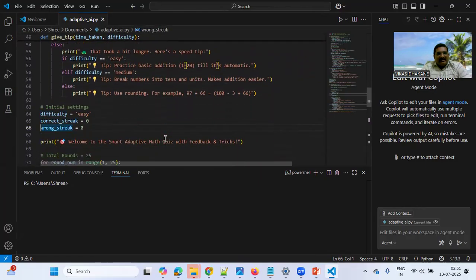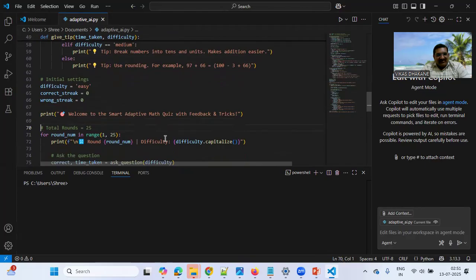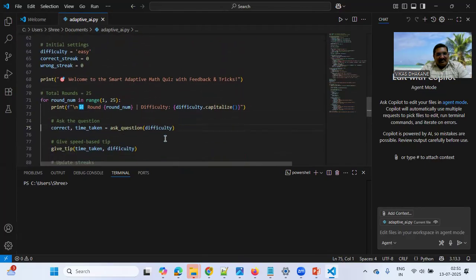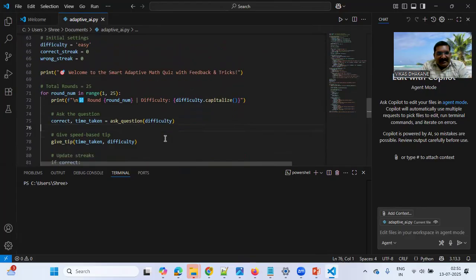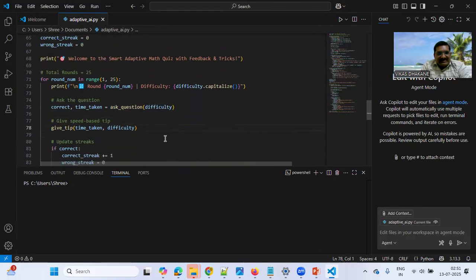And then we have initialized some variables here, and a total of 25 questions can be asked. So total rounds 25 we have taken here. And below we have called the functions of asking the question.